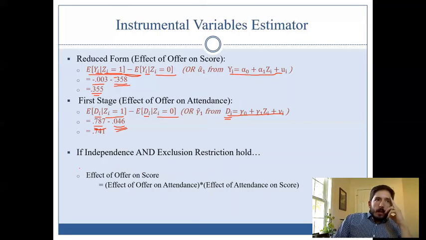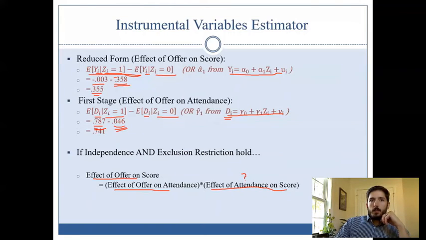then we've got the effect of the offer on the score, right? That's our reduced form. And that reduced form is going to be a combination of the effect of the offer on attendance, that's our first stage, times the effect of attendance on our test score, right?